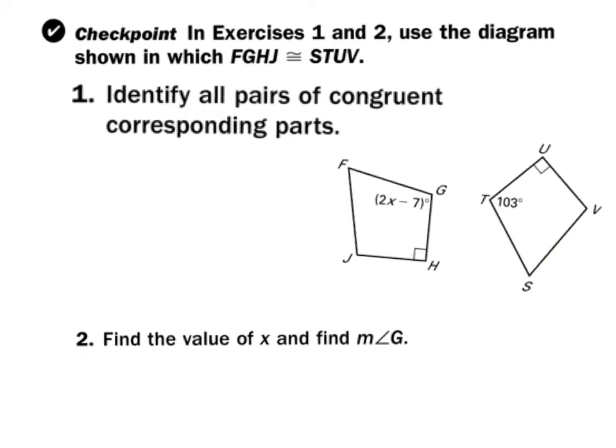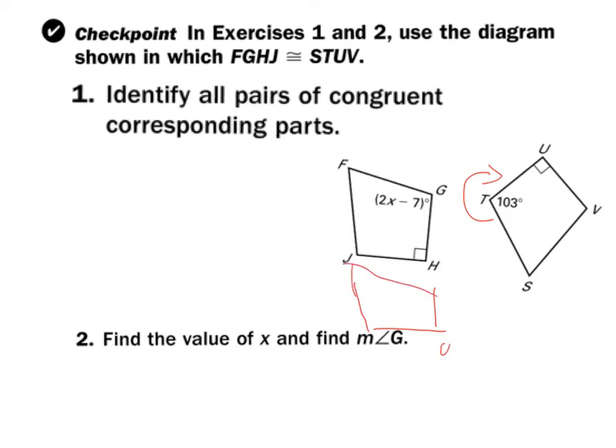Next example, this one is a little easier. We just need to rotate this sideways from left to right, and the easiest thing to do is for the right angle to match up. There we go.